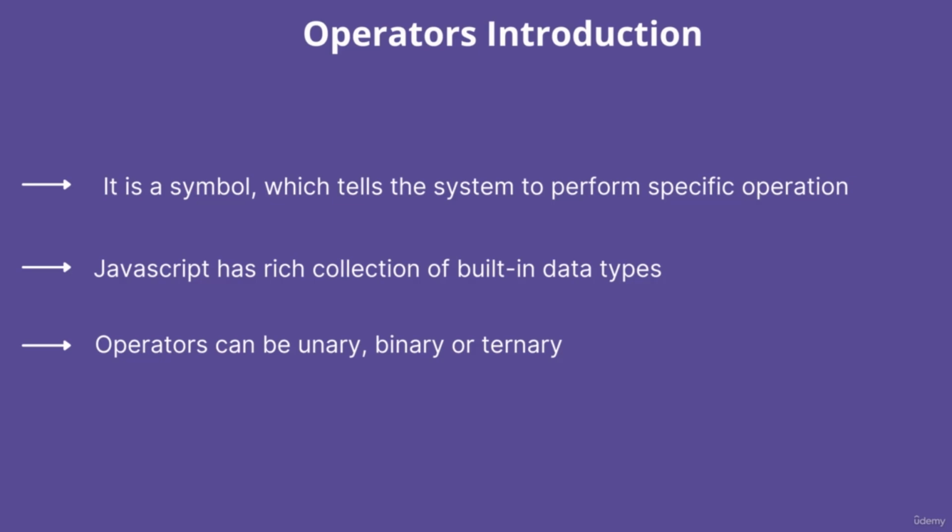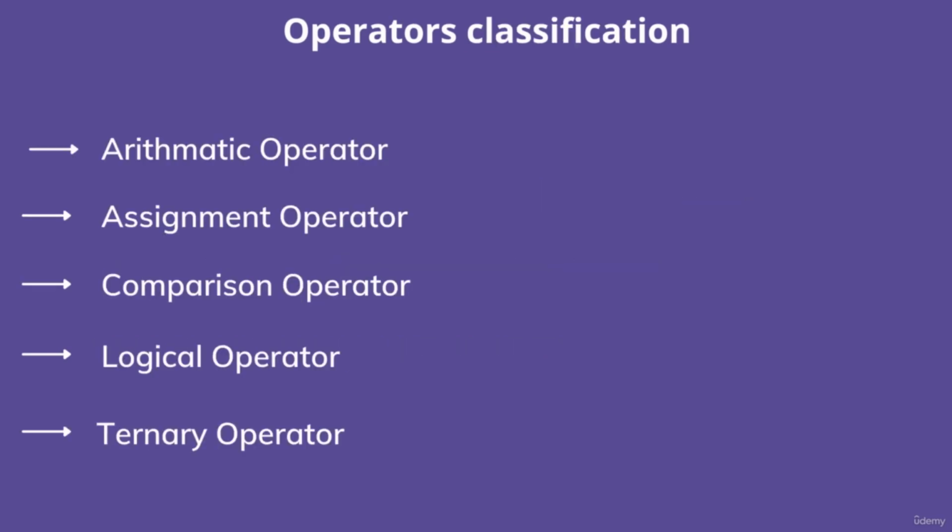In JavaScript, we have a vast list of operators, and using individual operators we can perform specific tasks. On the basis of the operands, these operators can be classified as unary operators, meaning a single operand operator, binary operators, meaning operators having two operands, or ternary operators, meaning operators having three operands. Functionally, we can classify them into categories such as the assignment operator.